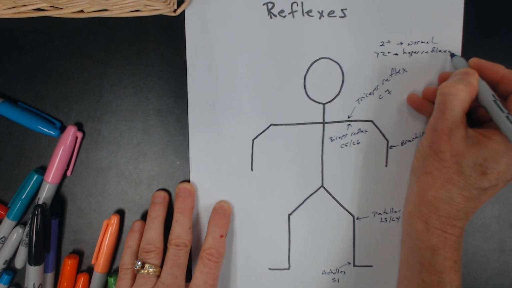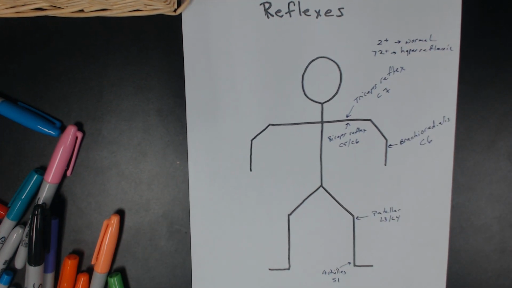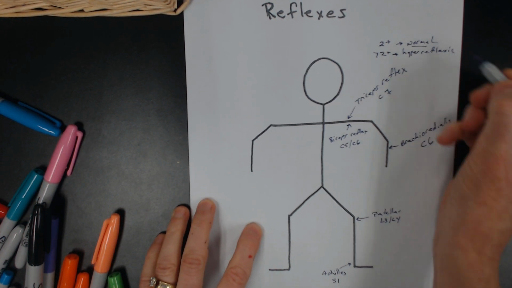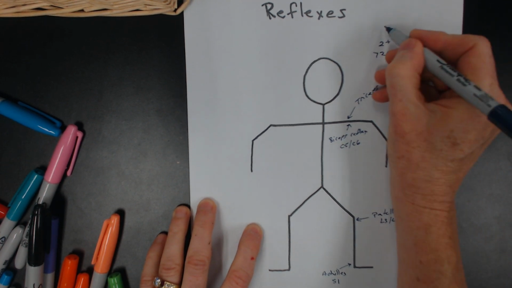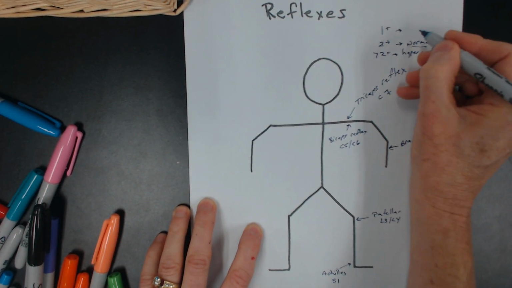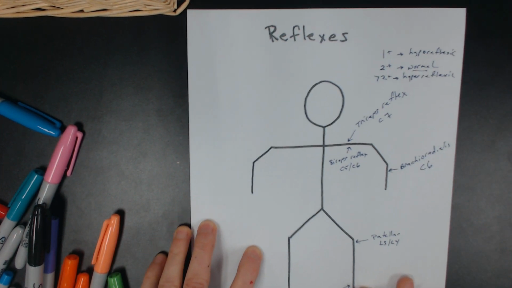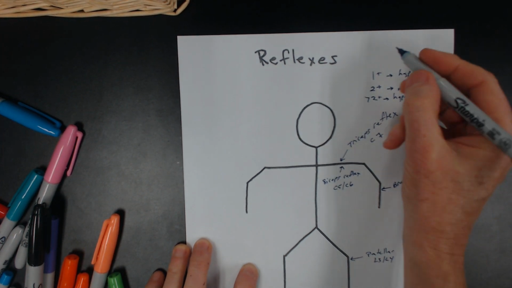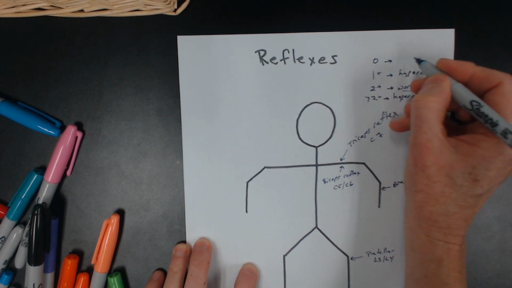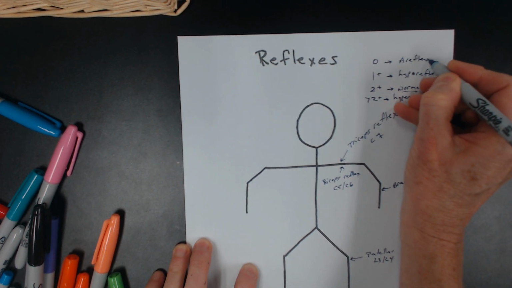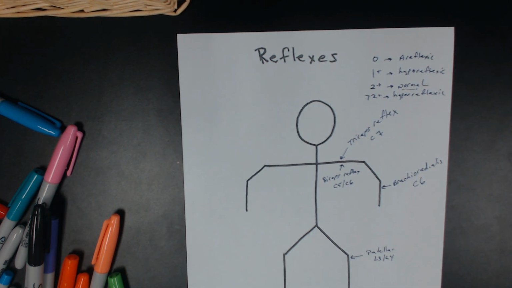If you grade the reflex as 3+, you're indicating that person has hyperreflexia. 1+ is hyporeflexic, and a great big 0 is areflexic.